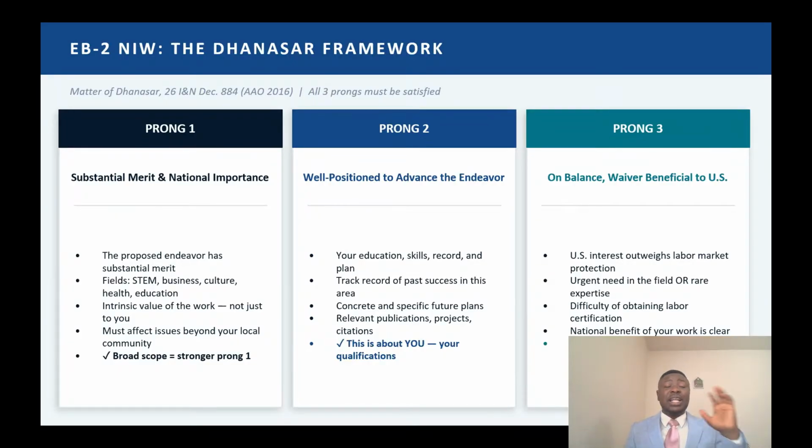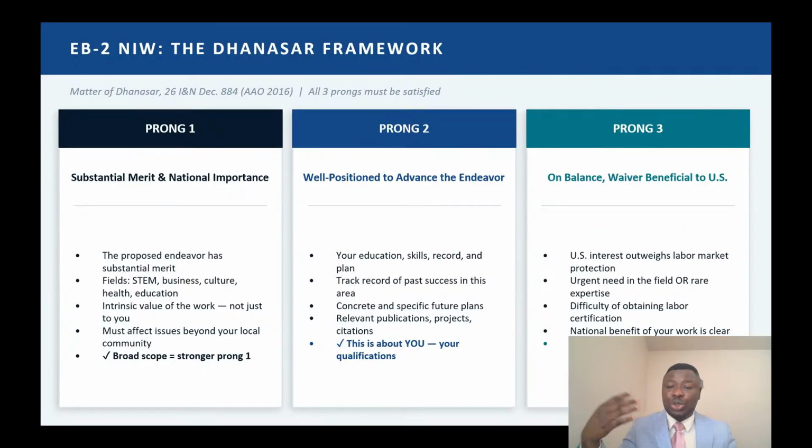So in the first part, we look at the substantial merit and national importance. The second part, we look at whether you are well positioned to advance your proposed endeavor. And in the third part, we want USCIS to waive the labor certification. So we want to show USCIS that waiving the labor certification will be in the best interest of the United States.